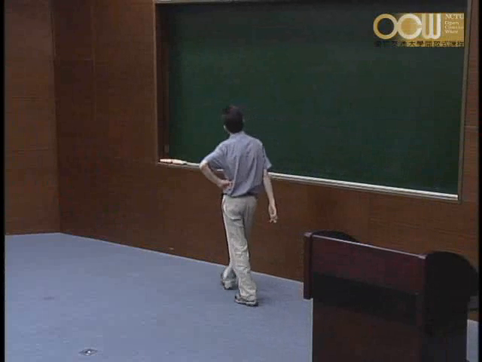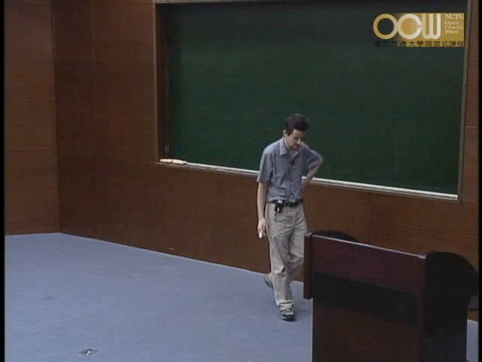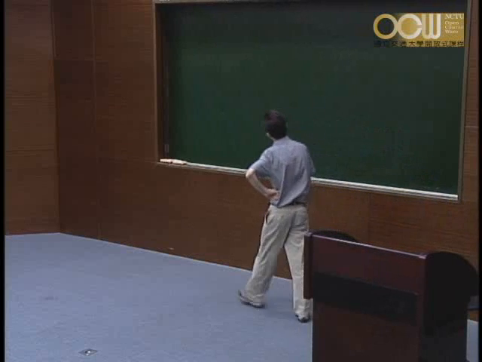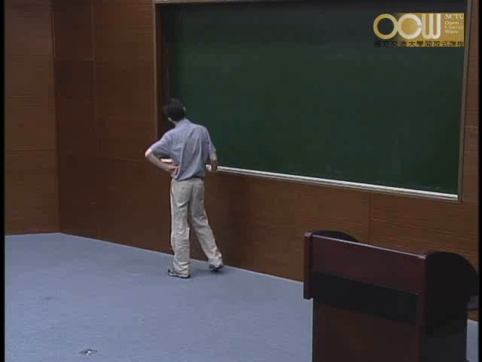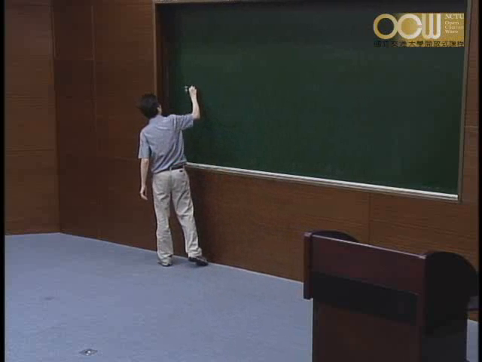So last time I already introduced what are called vector fields, two-dimensional and three-dimensional vector fields. And the last thing which we discussed was conservative vector fields.